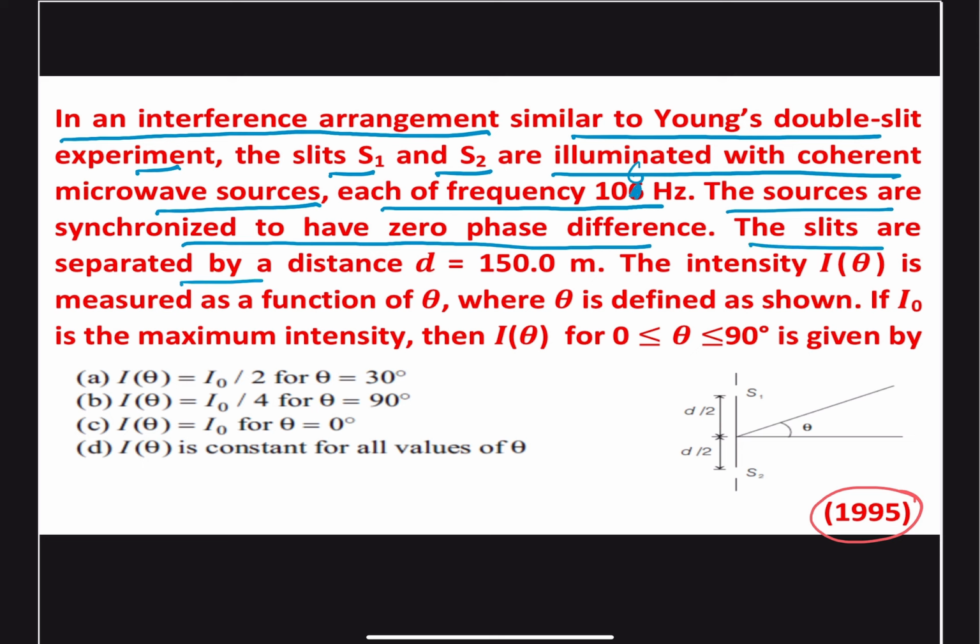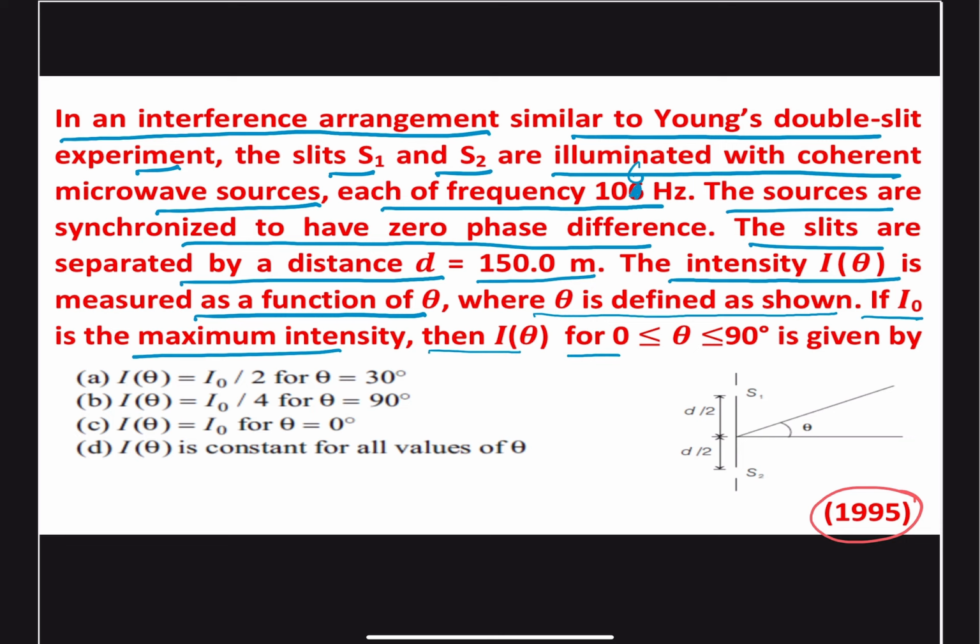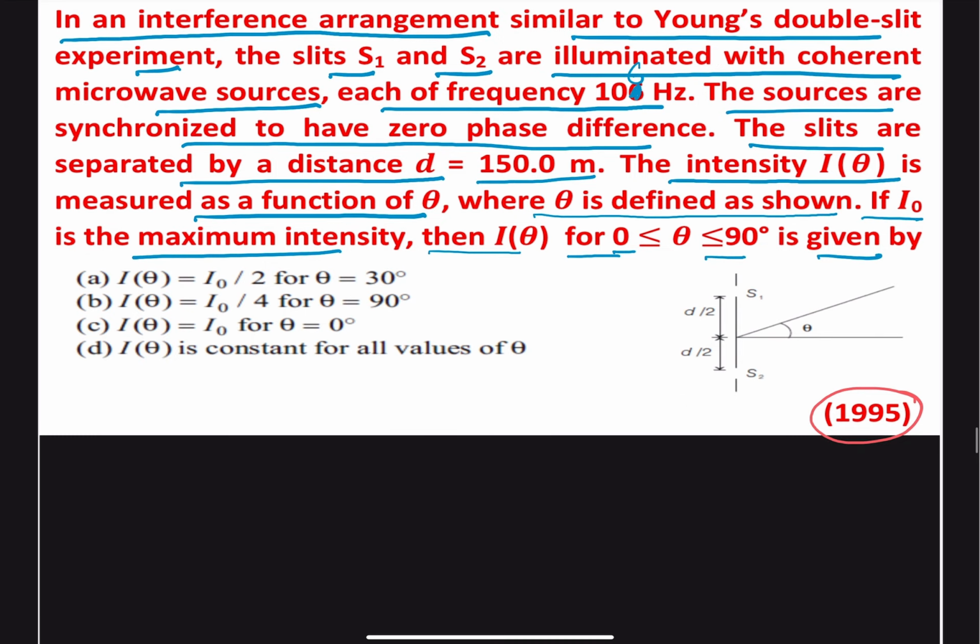The slits are separated by a distance d of 150 meter. The intensity I theta is measured as a function of theta, where theta is defined as shown. If I naught is the maximum intensity, then I theta for theta that varies from 0 to 90 degree is given by. So we have to find out the I theta, which is a function of theta.